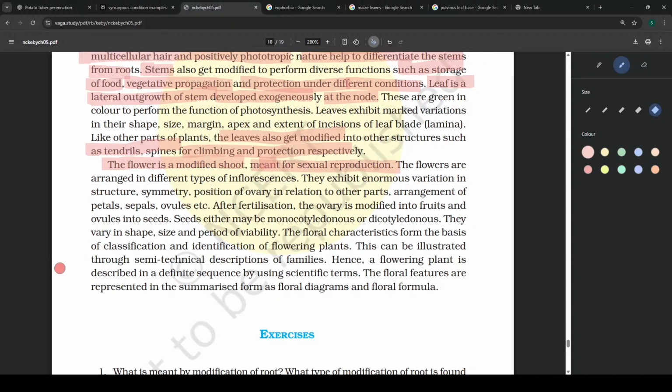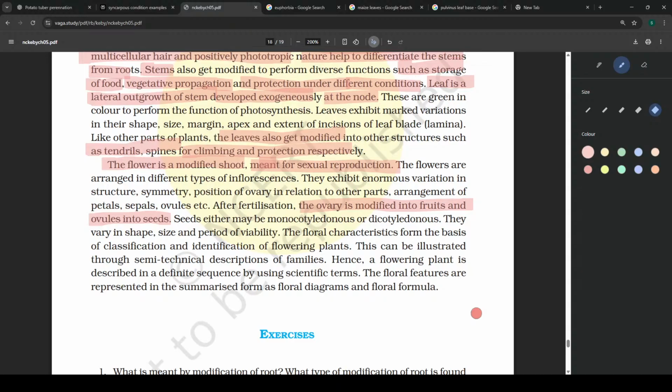The flowers are arranged in different types of inflorescences. They exhibit enormous variation in structure, symmetry, position of ovary in relation to other parts, arrangement of petals, sepals, ovules, etc. After fertilization, the ovary is modified into fruits and ovules into seeds. Seeds may be monocotyledonous or dicotyledonous. They vary in shape, size, and period of viability.